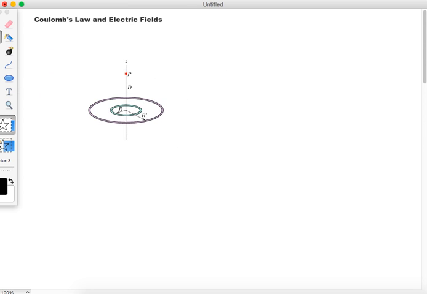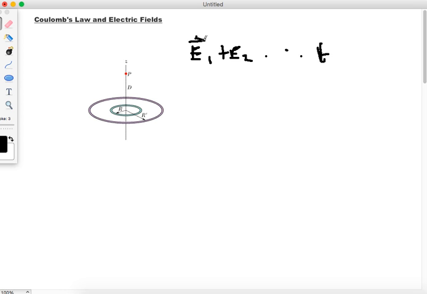But what does work out nicely is this equation: E1 plus E2 dot dot dot plus En is equal to E net. Let's put vector hats on these.